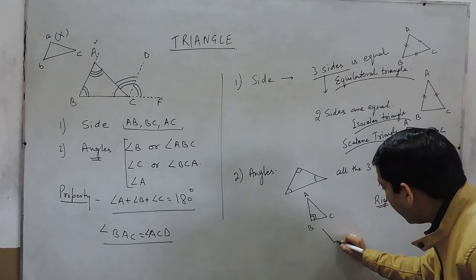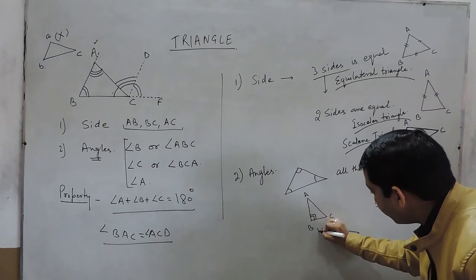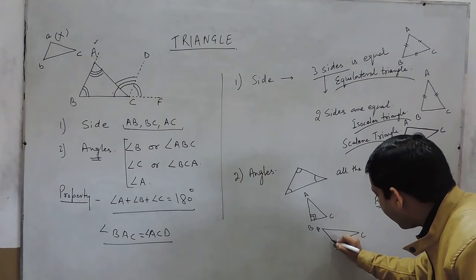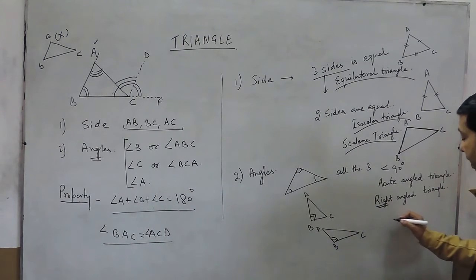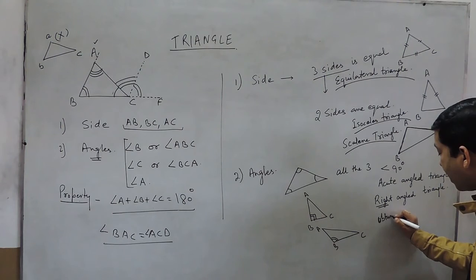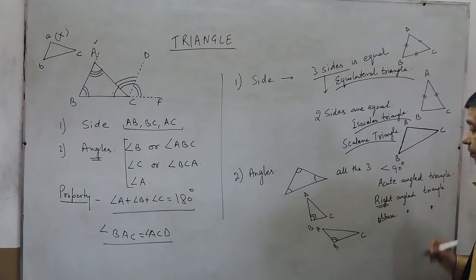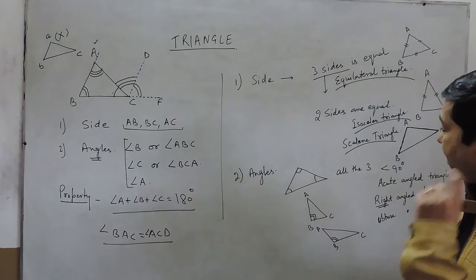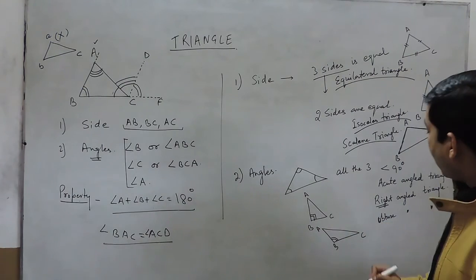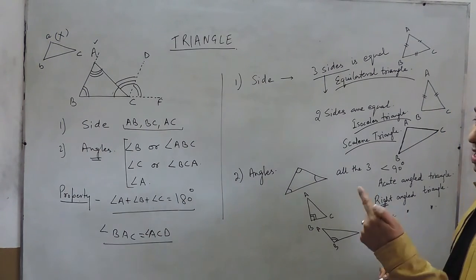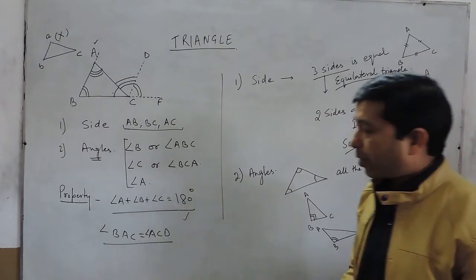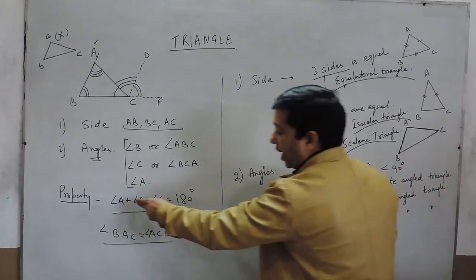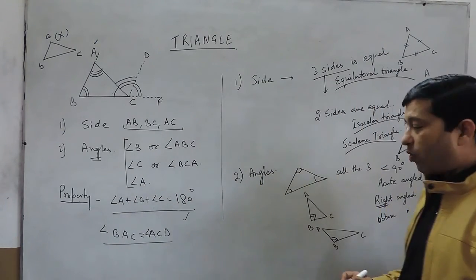If one of the angles is more than 90 degrees, or we can say an obtuse angle, then this triangle is known as an obtuse angled triangle. One thing is very, very important: when we talk about a right angled triangle, there can only be one 90 degree angle, because we already know the property that the sum of all the angles of any triangle is always 180.